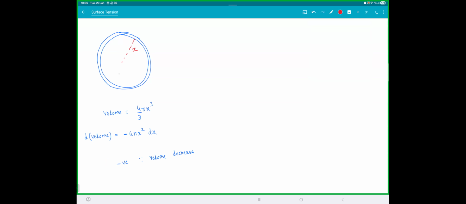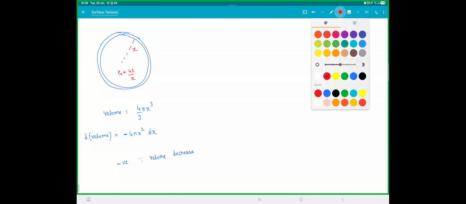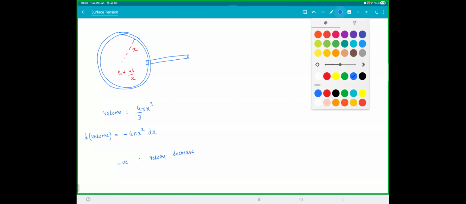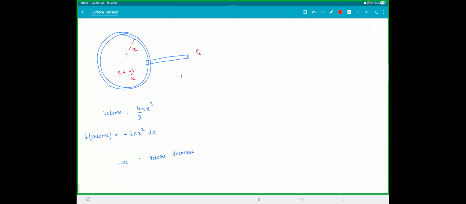And what is the pressure inside? Pressure inside at any instant will be P naught plus 4s by x. So if you observe, as the bubble becomes smaller and smaller, the pressure is becoming more and more. That means it will start leaking out faster. And outside the pressure is P naught. So the pressure difference delta P will be 4s by x.